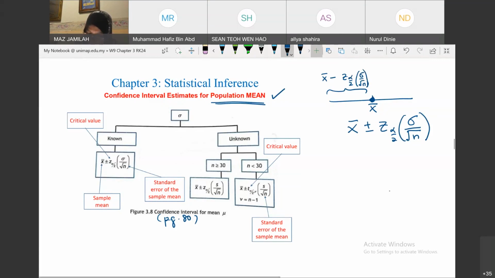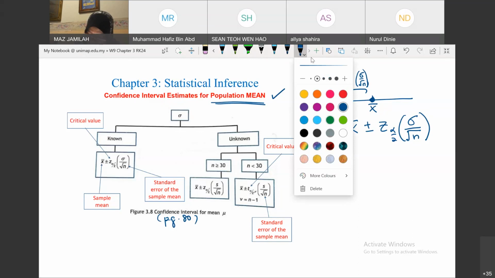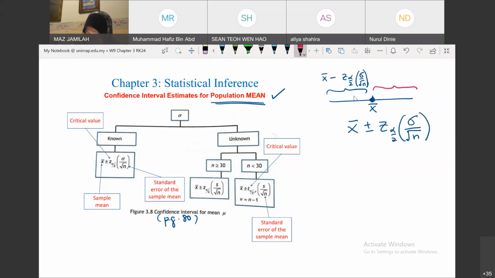And here is another margin of error: X bar plus Z alpha over 2 sigma over square root of n.